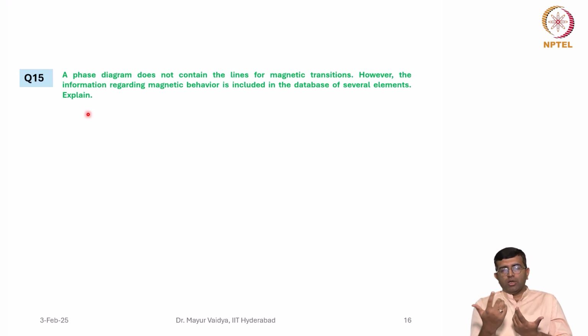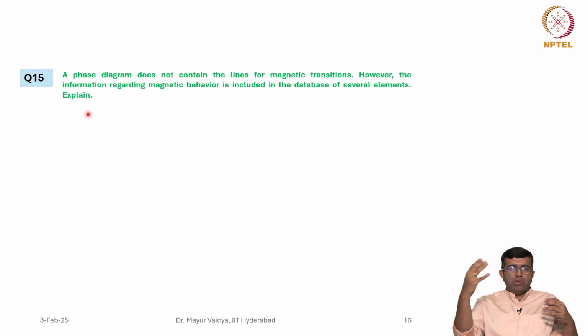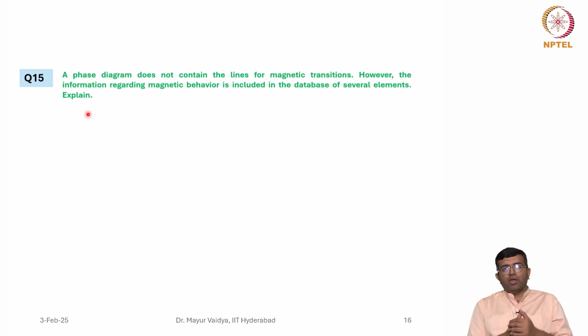In many of the examples we saw, for example titanium, hafnium, zirconium, tin, and many others, the close packed structures are stable at a lower temperature, and the open structures like BCC are stable at a higher temperature. But in the case of iron, you have a BCC structure which is stable at the lower temperatures as well. Why is it happening? There the magnetic contribution to the Gibbs free energy comes into the picture.